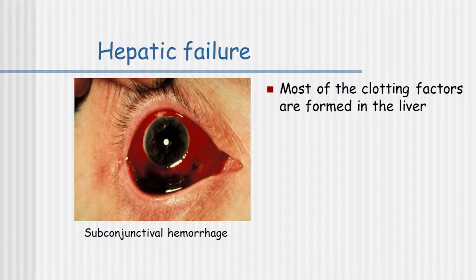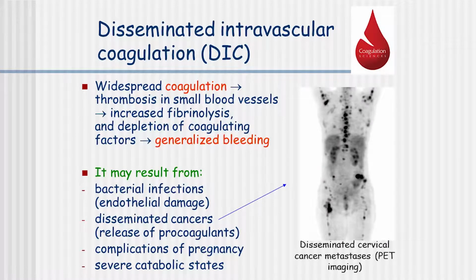So if there are very few or no clotting factors, then it can lead to the eye, instead of having the sclera being white, becoming red because of bleeding into the sclera. Subconjunctival hemorrhaging. Right.